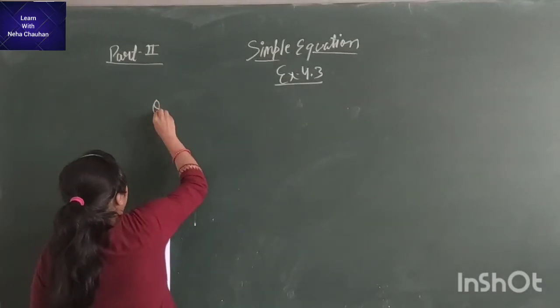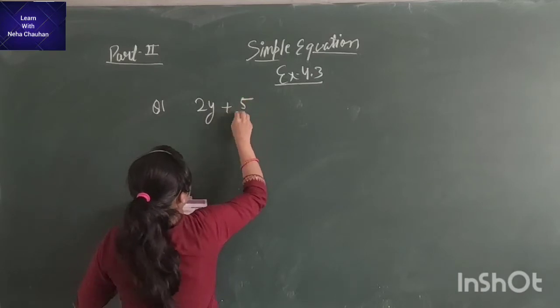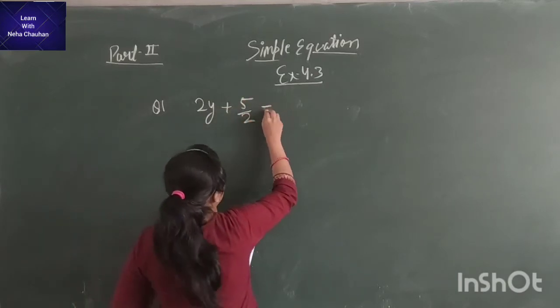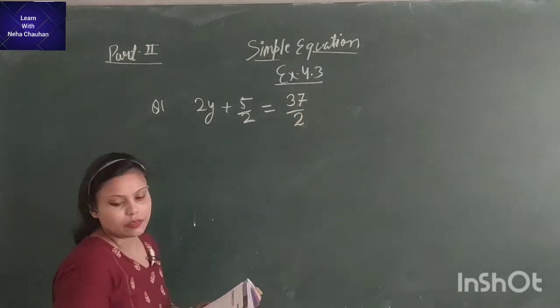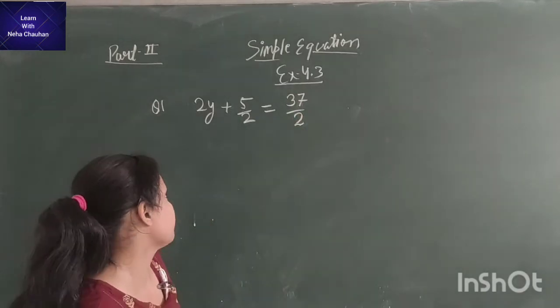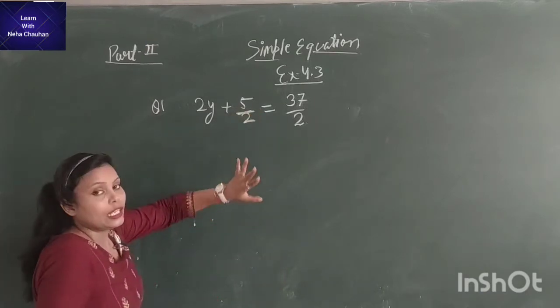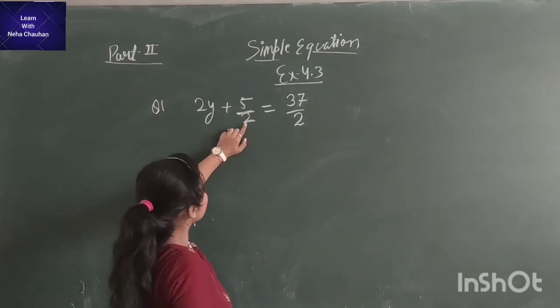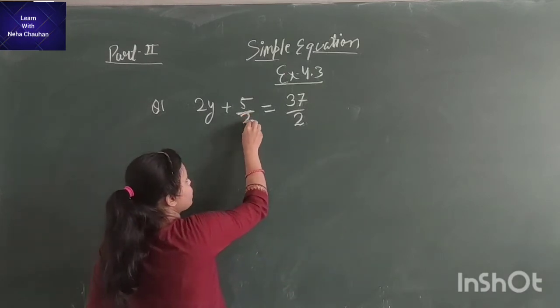So we are given the equation 2y plus 5 by 2 is equal to 37 by 2. Alright, so we need to solve it. We will apply the elimination method. Here we know that this 2 is in division.